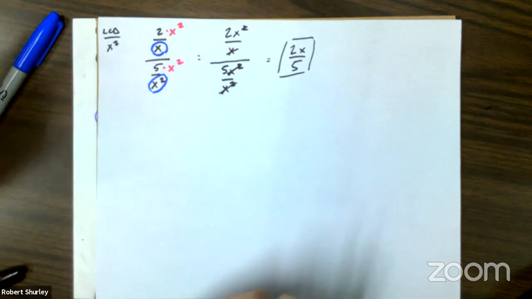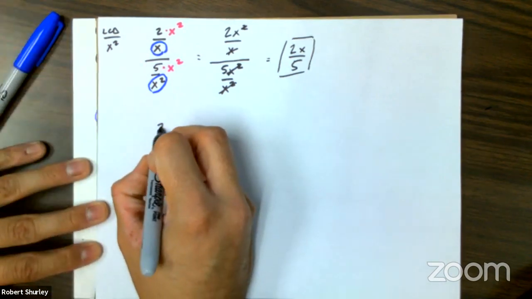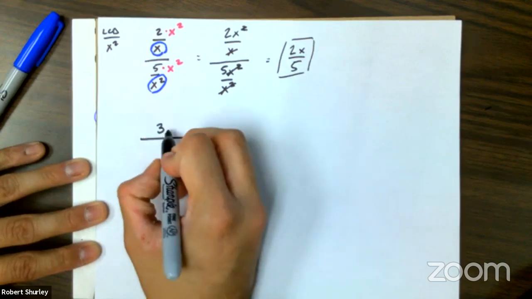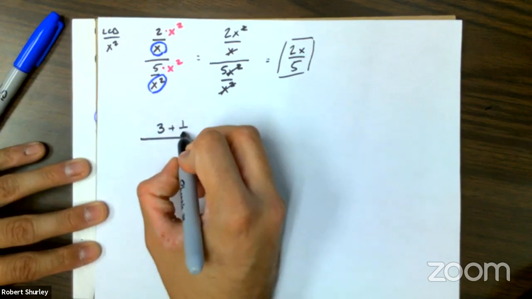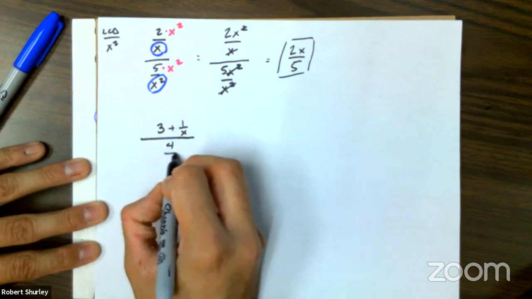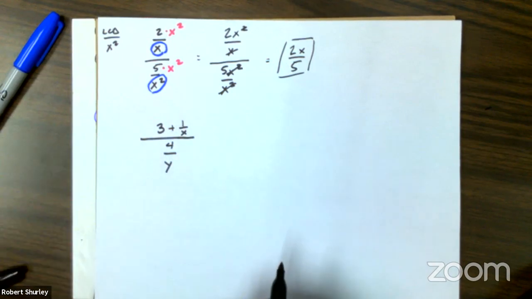What if we have two variables? Let's say we had 3 plus 1 over x all over 4 over y, okay? 3 plus 1 over x all over 4 over y.